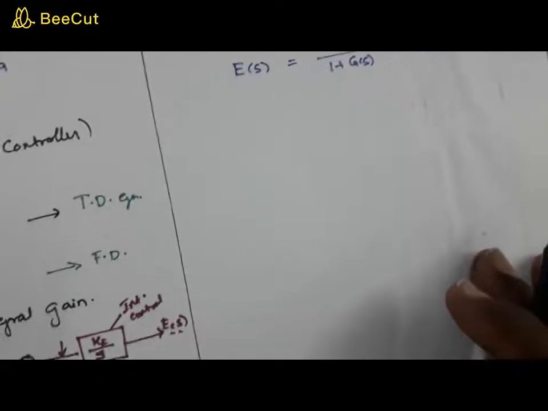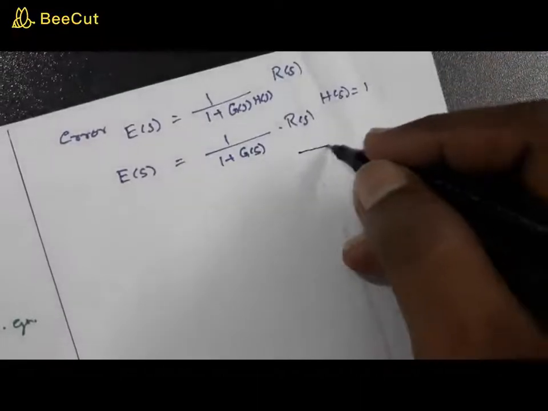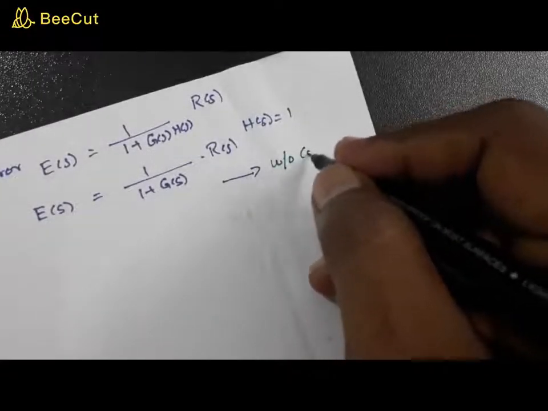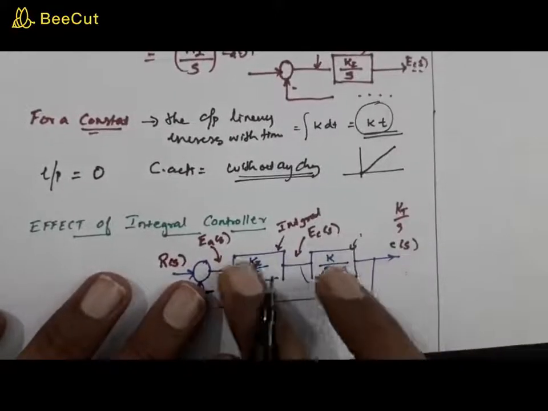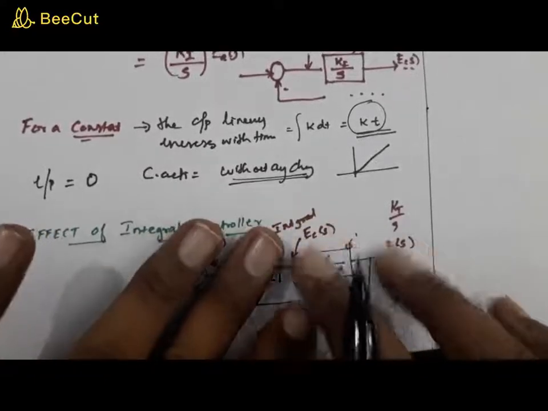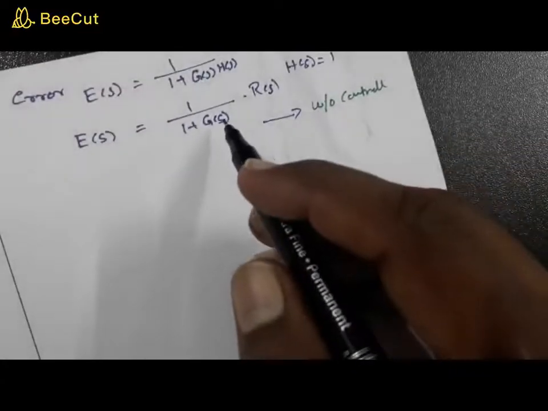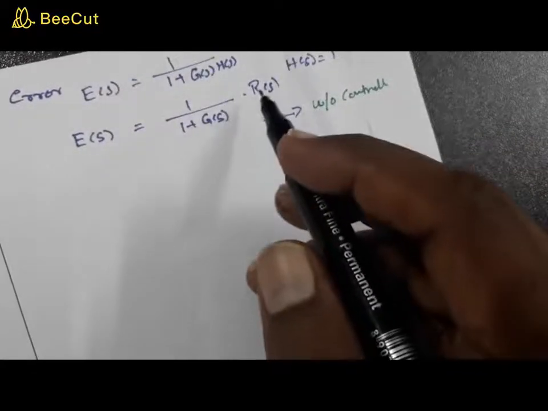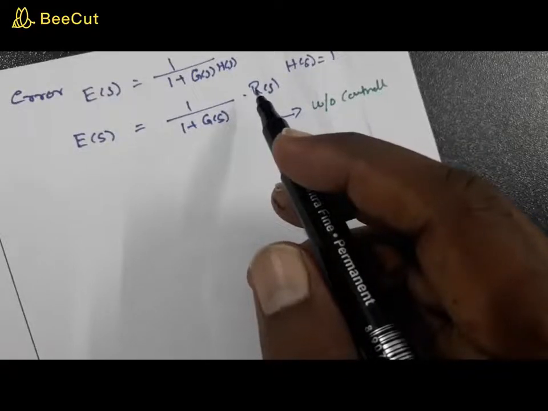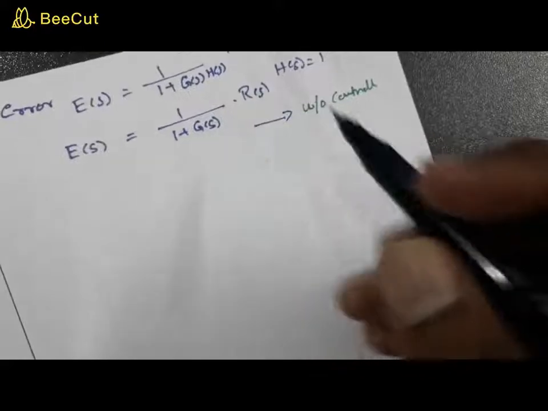So this is the error without the controller. You haven't added any controller. If you find the error signal using only this block, you will get an equation like this: 1 by (1 plus G(s)) into R(s). Now what is your G of s over here?